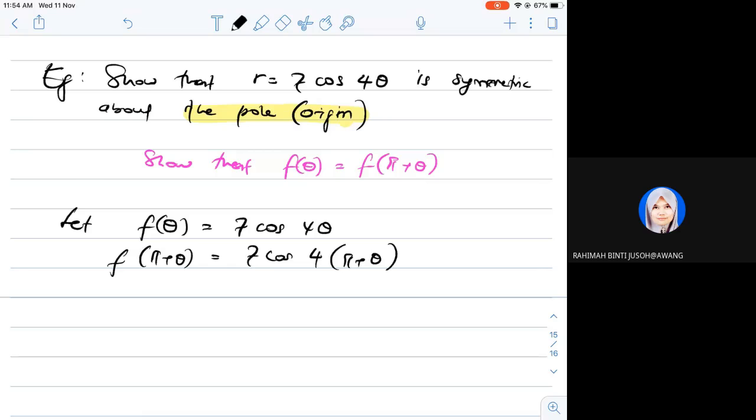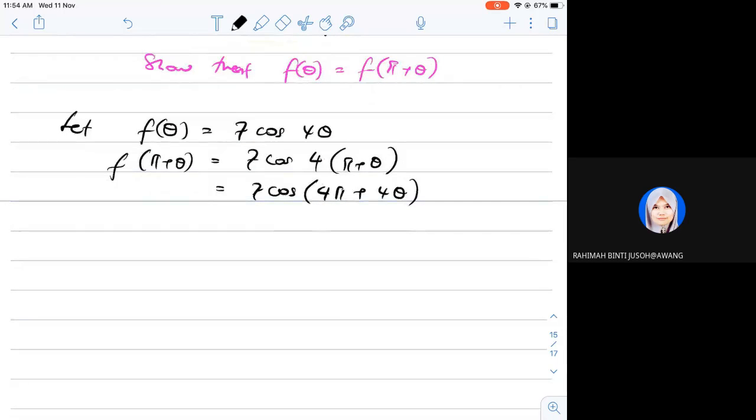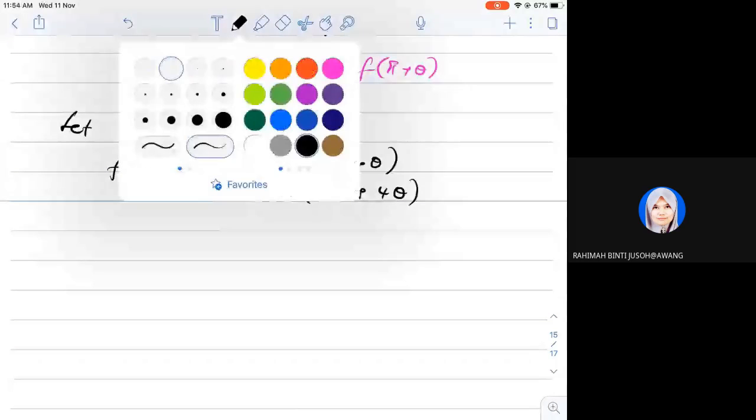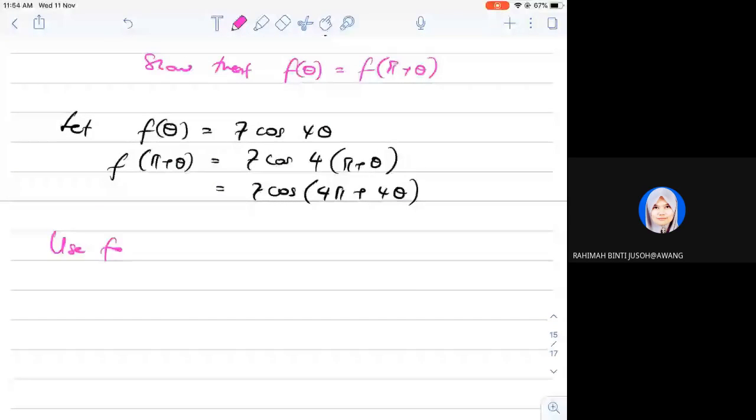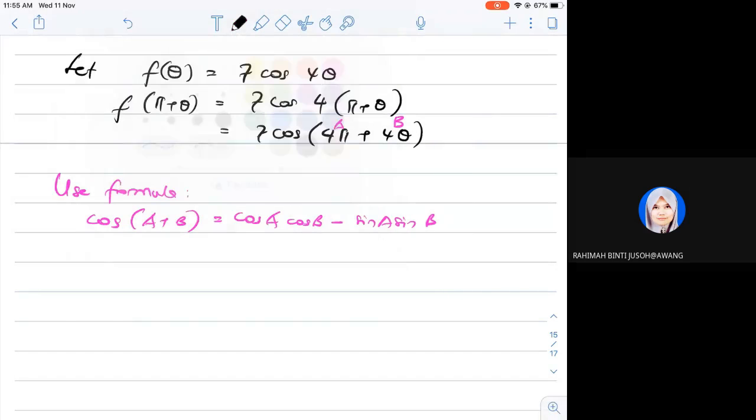So now this is equivalent as 7 cos 4 pi plus 4 theta lah kan. Macam tu. Okay. So now in order to answer this question, we need to use formula cos A plus B is equivalent to cos A cos B minus sin A sin B. So this is your A and this is your B. Okay, jom kita expand benda ni.